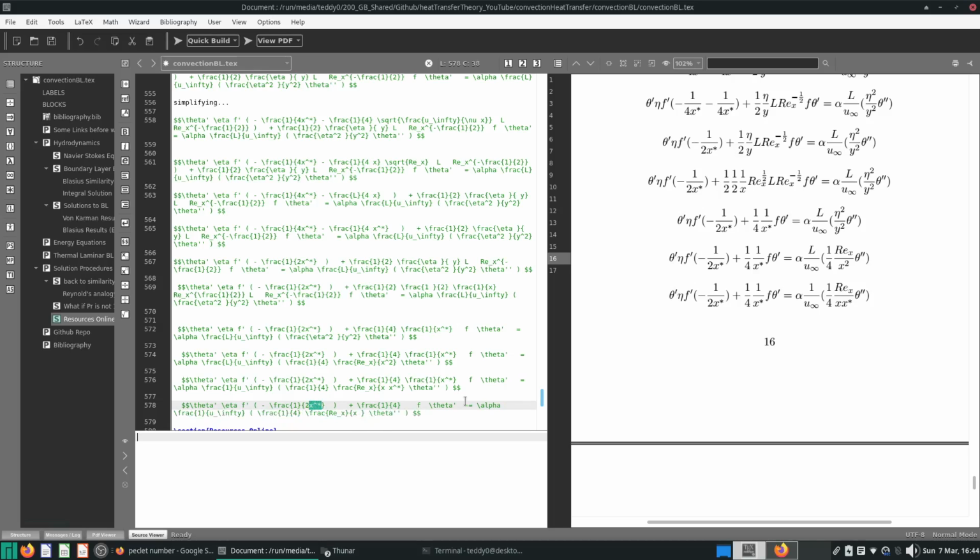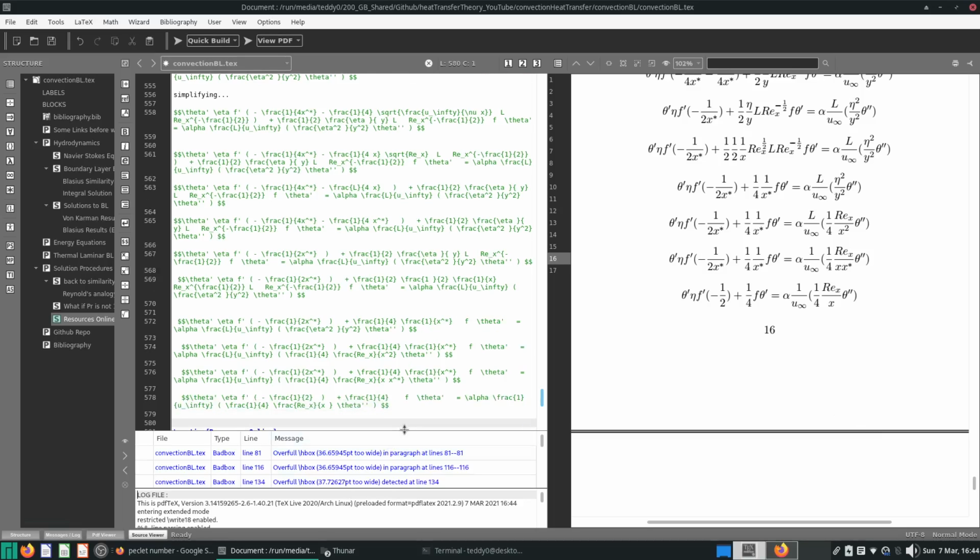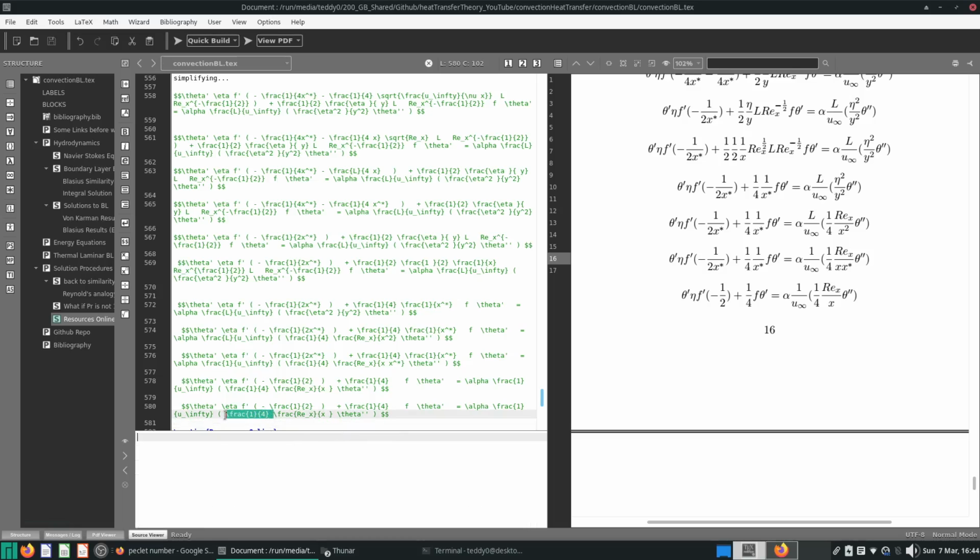Of course, you could also multiply throughout by 2 or 4. So let's multiply throughout by 4, so you get rid of all the fractions. This 1 over 4 disappears, and this becomes minus 2.